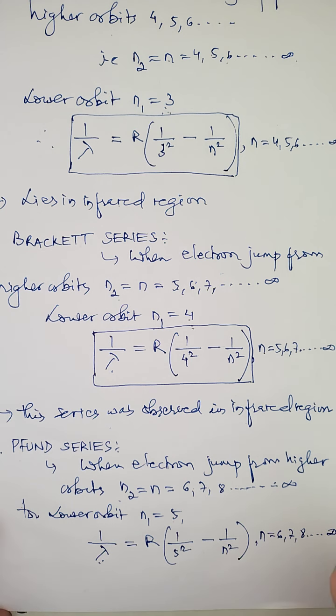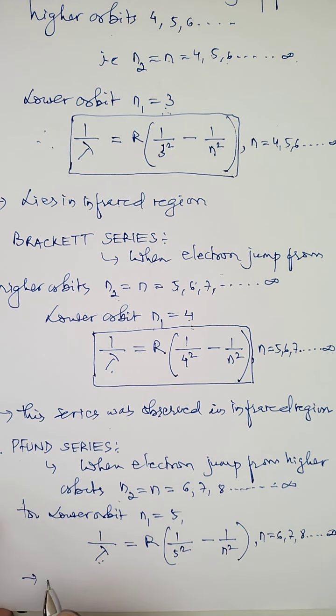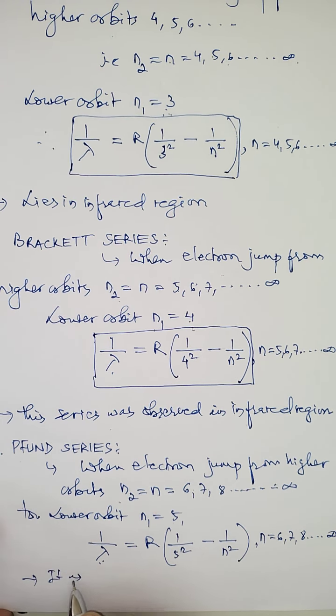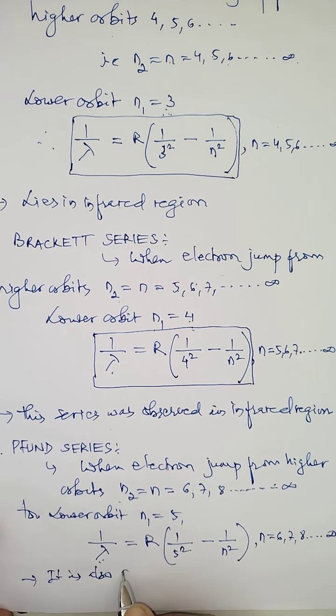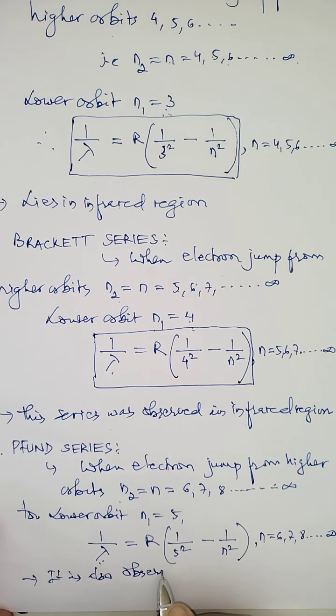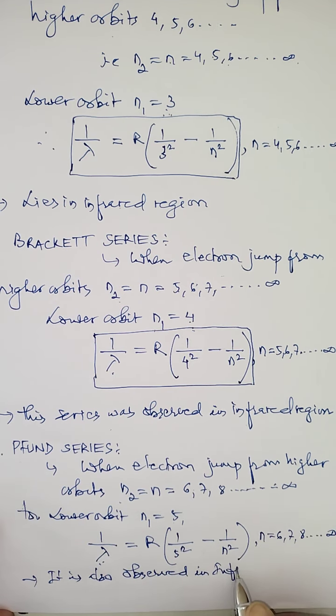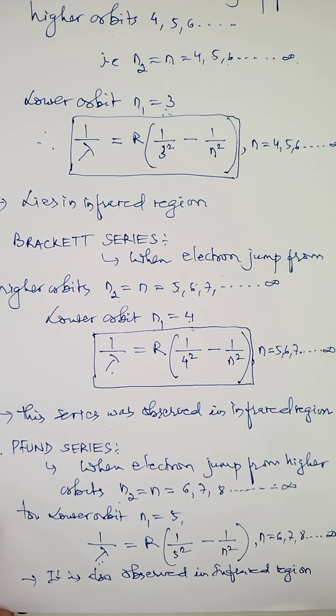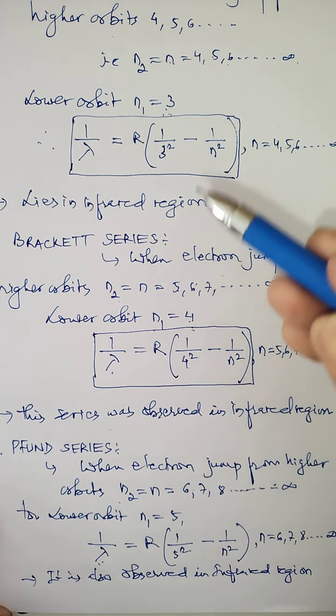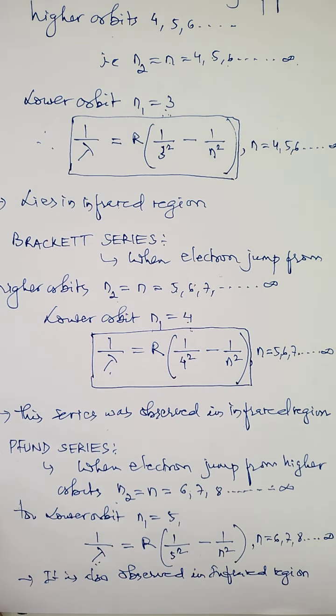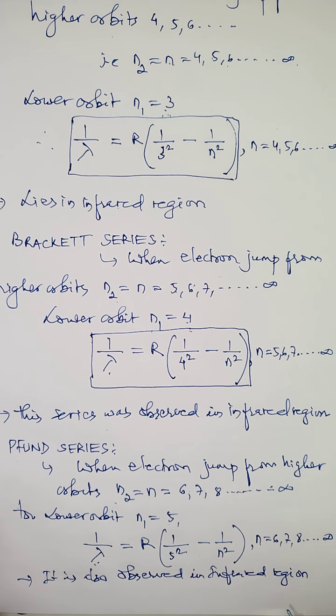Now this series was also observed in which region? Infrared region. So look at the regions where these series were obtained: the Pfund series, Brackett series, and Paschen series are all in the infrared region.